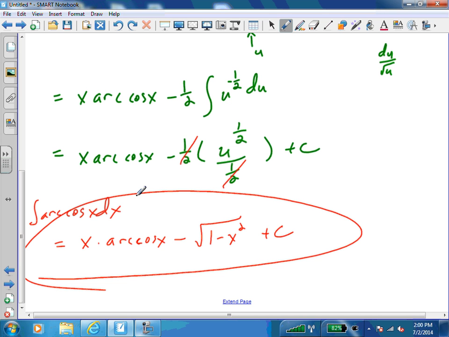So this is just another tool to add into the toolbox. When we did 8.1 the other day, we had a list of like 5 different things to try. Okay, if we look at it and we can't immediately pull out, hey, let this be u, and then du is the rest of it. Well, if that doesn't work, then we had a list of things.